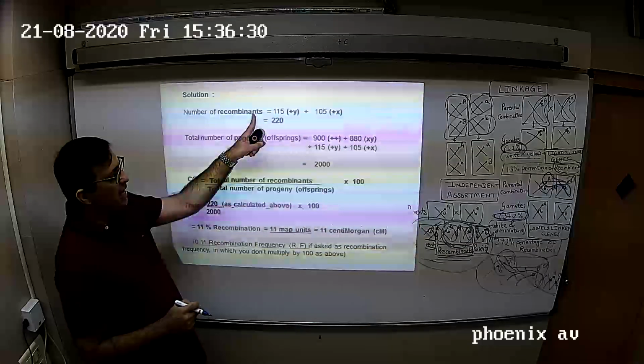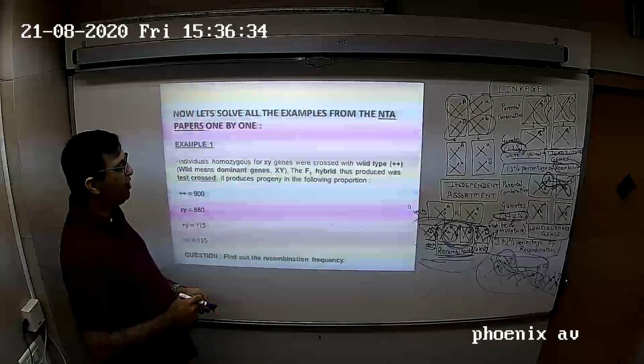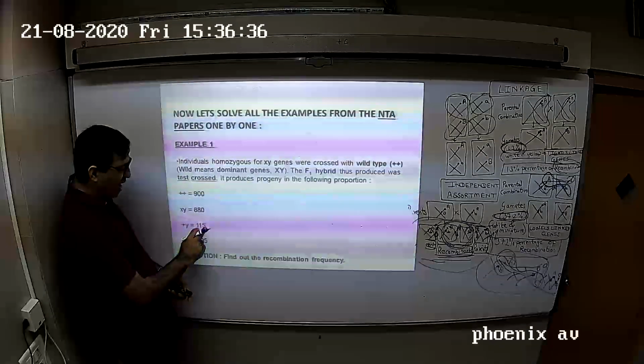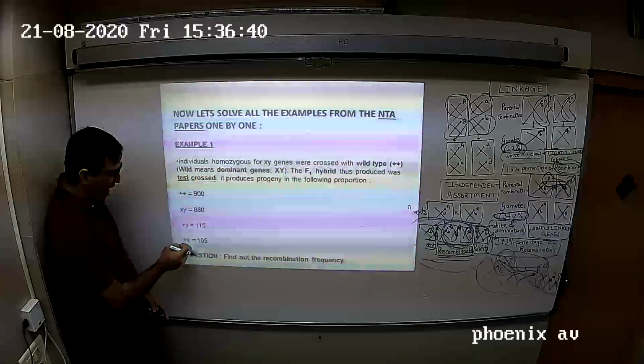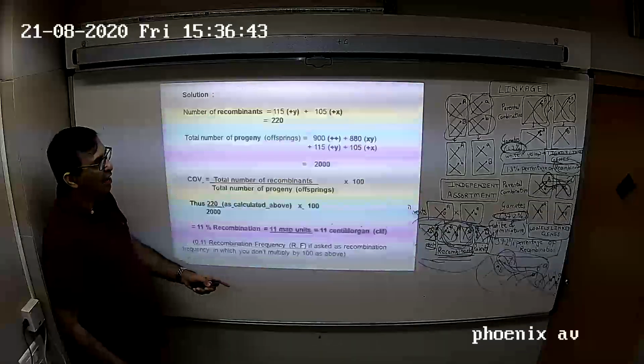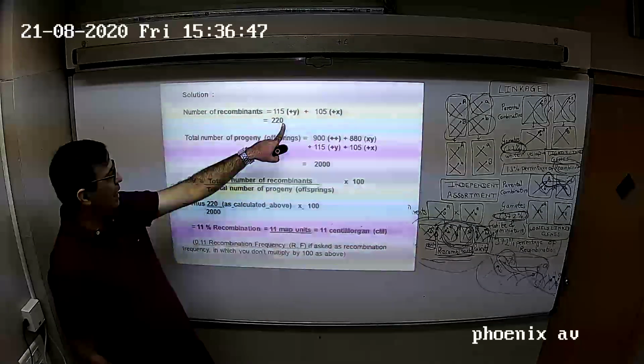We know it now. Number of recombinants are how many? Plus y is 115. Plus x is 105. That means recombinants are 220.